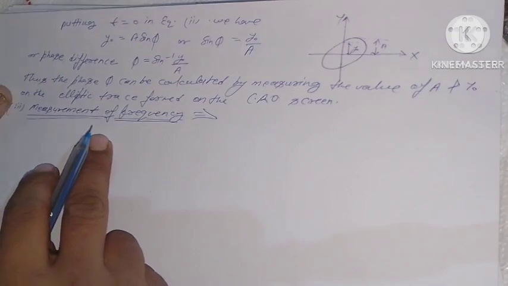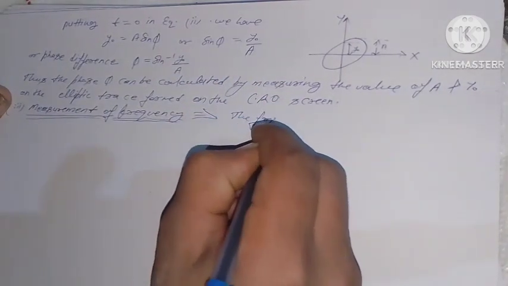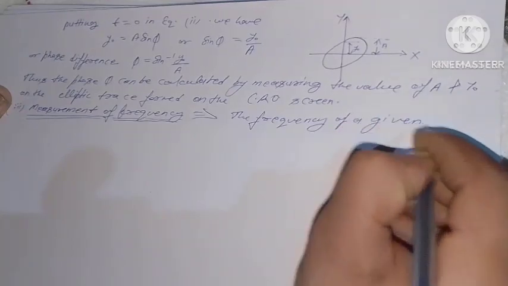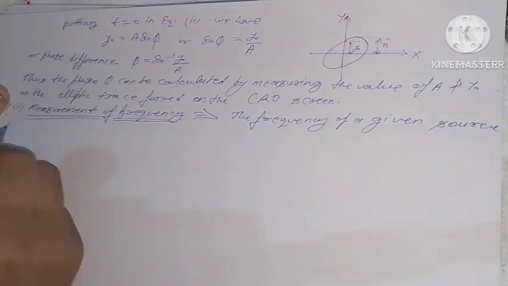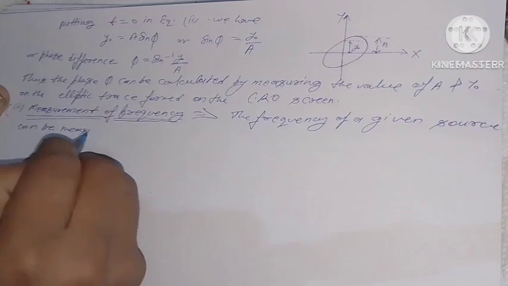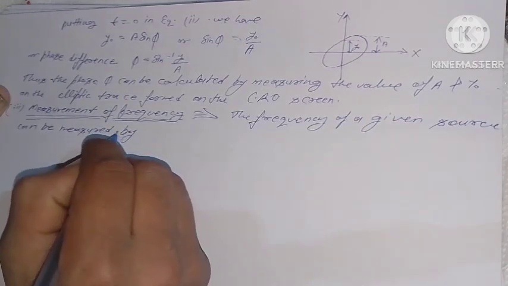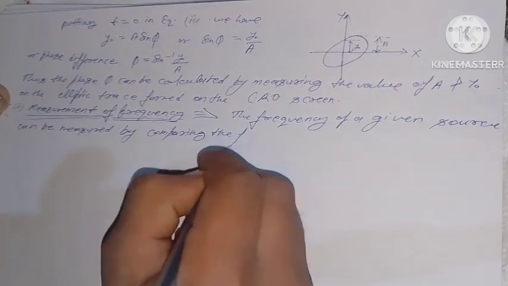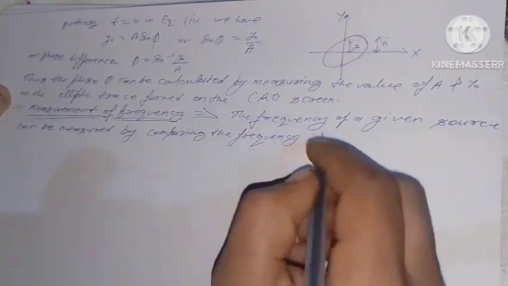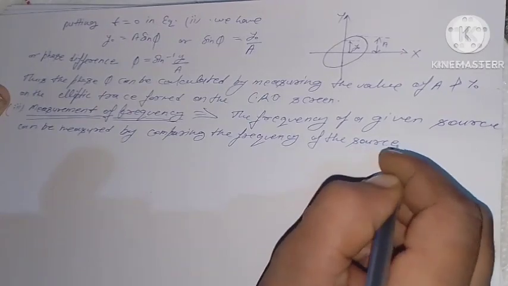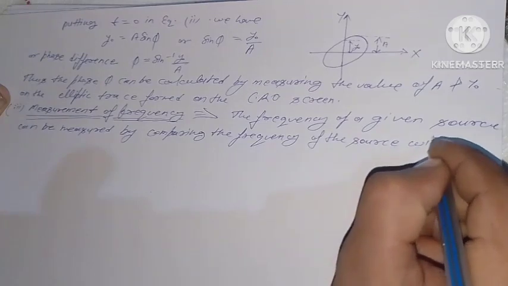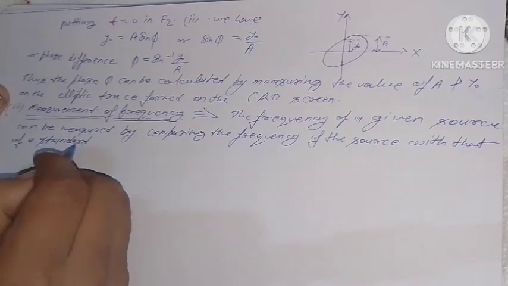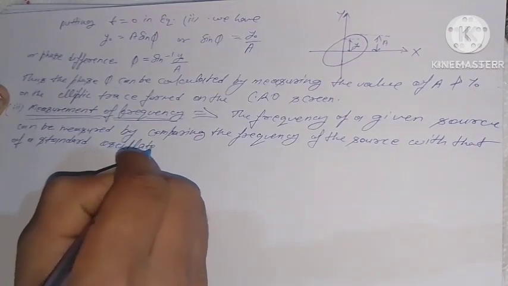The frequency of a given source can be measured by comparing the frequency of the source with that of a standard oscillator.